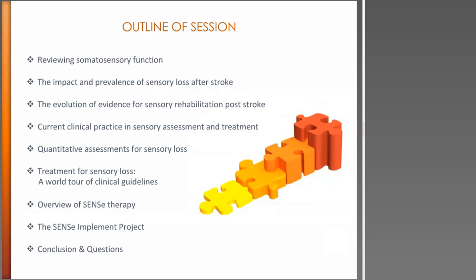We'll also look at current clinical practice in sensory assessment and treatment, and that will come from some research that's been done here in Australia and internationally. We'll be looking at some quantitative assessments for sensory loss, and then we'll do a bit of a world tour of clinical guidelines to get a bit of a state of the science for somatosensory treatment.